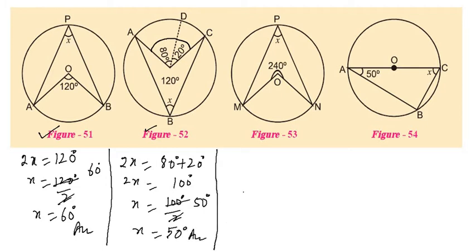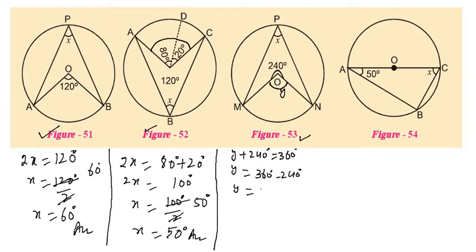Now come to figure 53. In this figure, you have to see this angle, the total angle is, suppose it is y. So total angle is 360. So you can say y plus 240 degrees will be equal to 360 degrees. So y will be equal to 360 degrees minus 240 degrees.